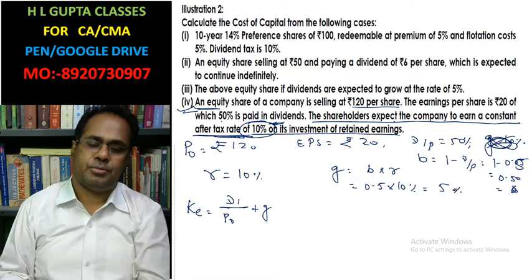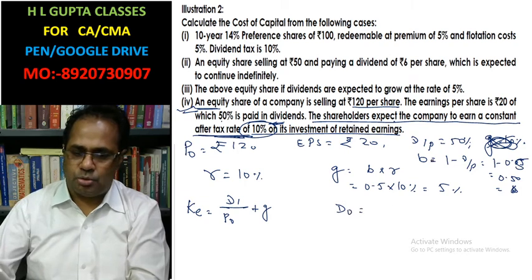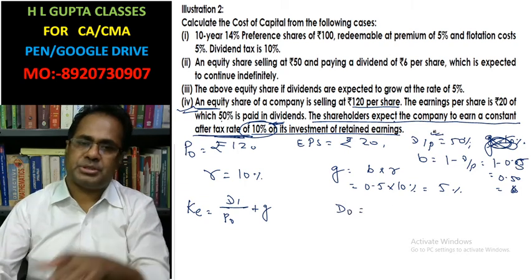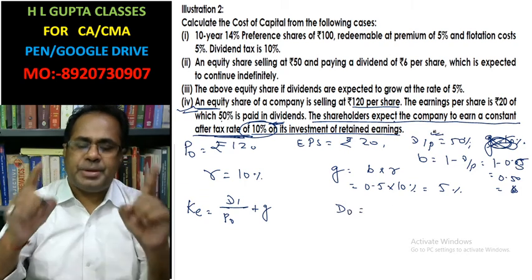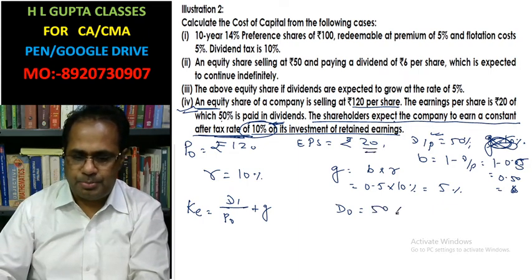This is 5%. Now, what will be D0? The dividend payout ratio is 50%, so 50% of rupees 20 is paid as dividend, which equals rupees 10.